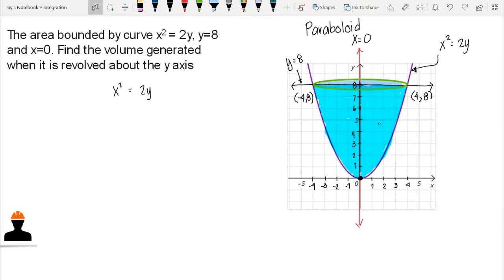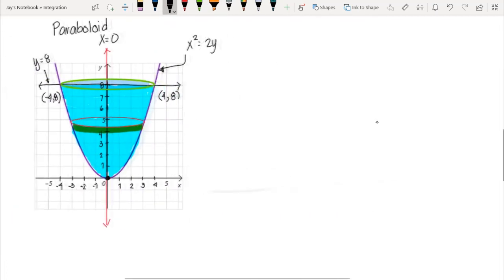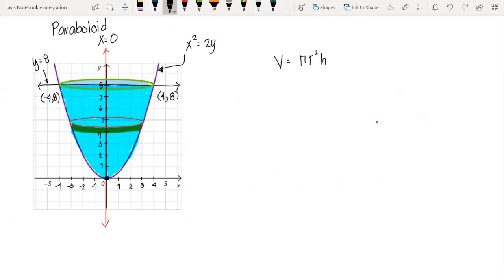So again, we have a circular disc method in which we have to draw a disc inside this paraboloid like this one, and we can apply the volume formula here by first expressing our integration as the volume of the disc, and we know that the volume of our disc is equal to pi r squared h, where r here is from the axis of rotation to the outside tip of our disc, and our height here is the thickness, this one.